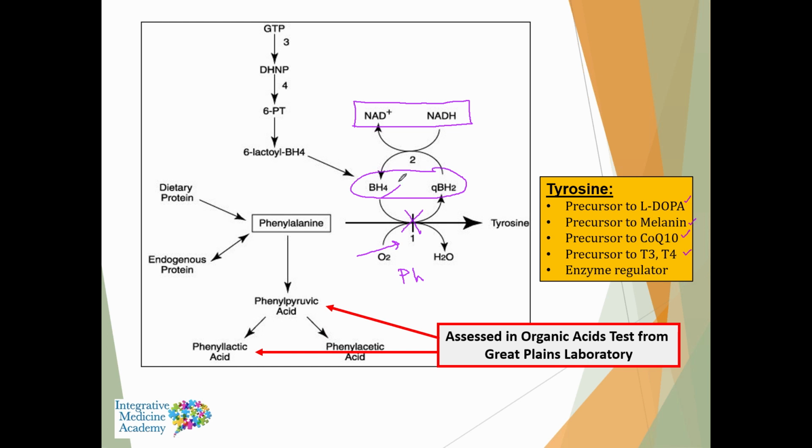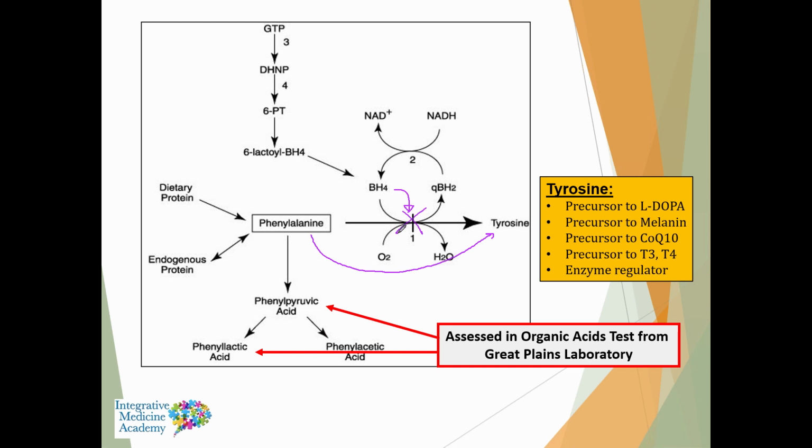And so in kids with phenylketonuria, they figured that they've got some kind of major deficiency in BH4. And there's actually medications that you can take to replenish BH4. And BH4 is a cofactor that makes that phenylalanine hydroxylase work effectively to convert phenylalanine to tyrosine.